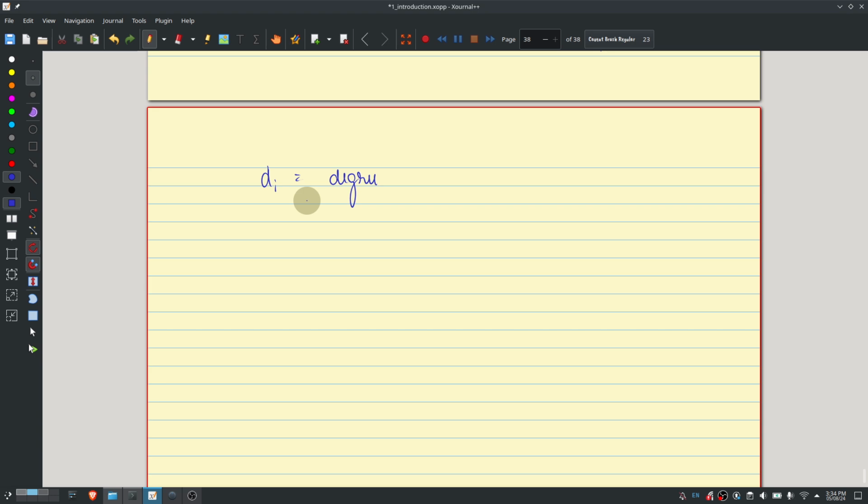It's a random variable, so let me use capital D_i. So it's basically the number of edges which are incident on that particular vertex.